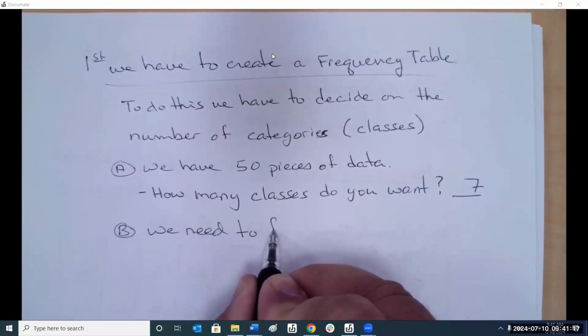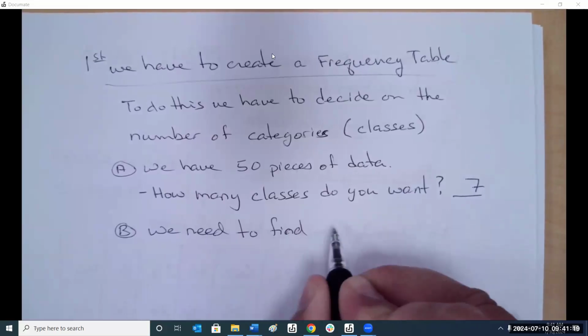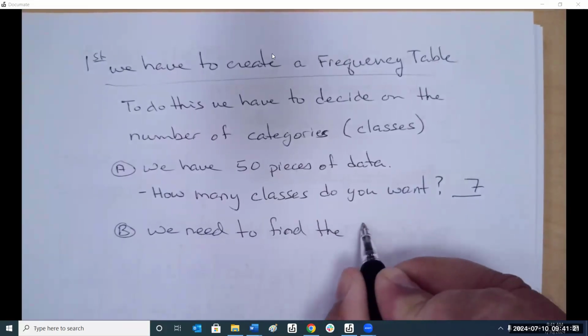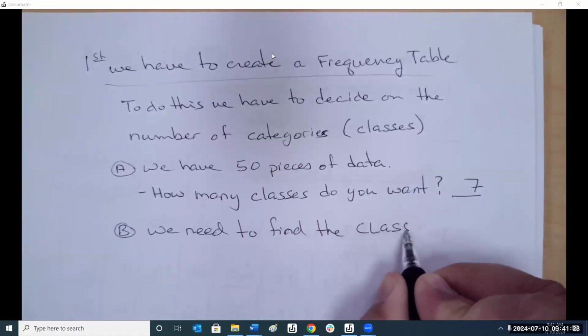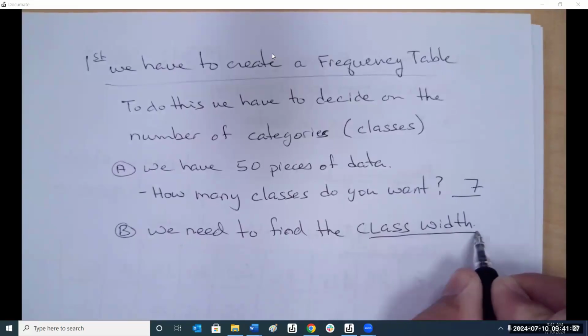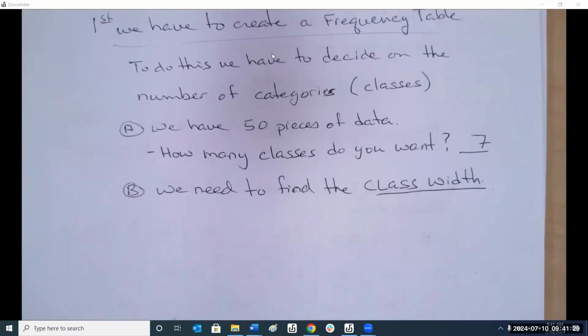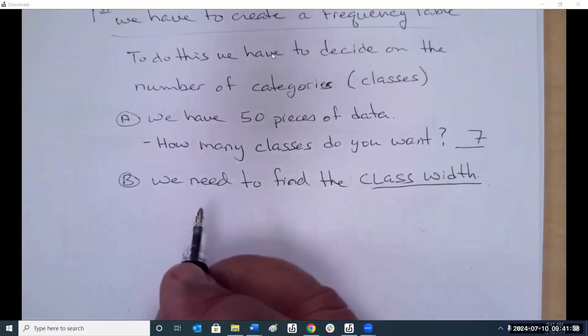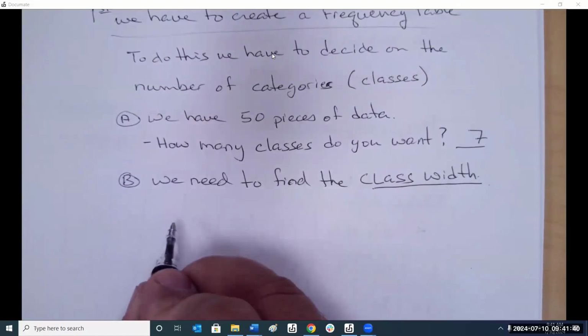Now we need to find the class width. In other words, how big will each of these intervals be? The formula is this way.